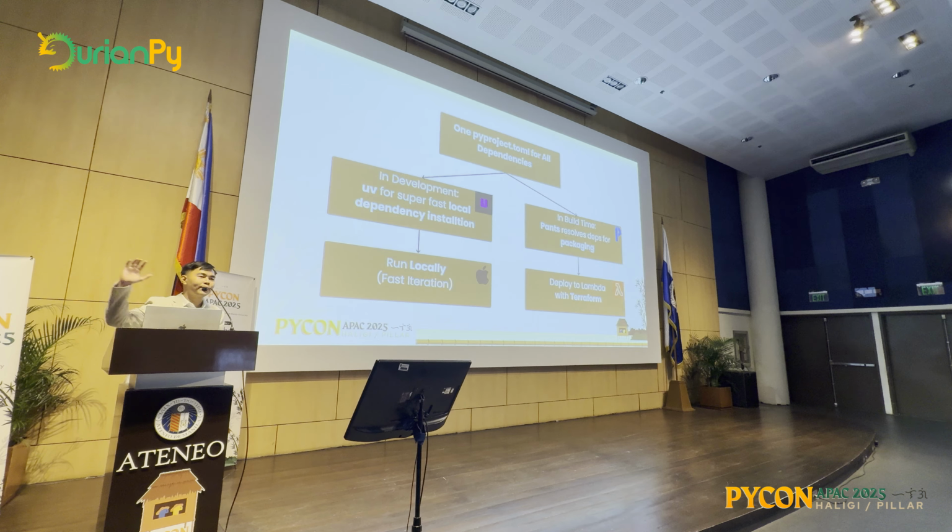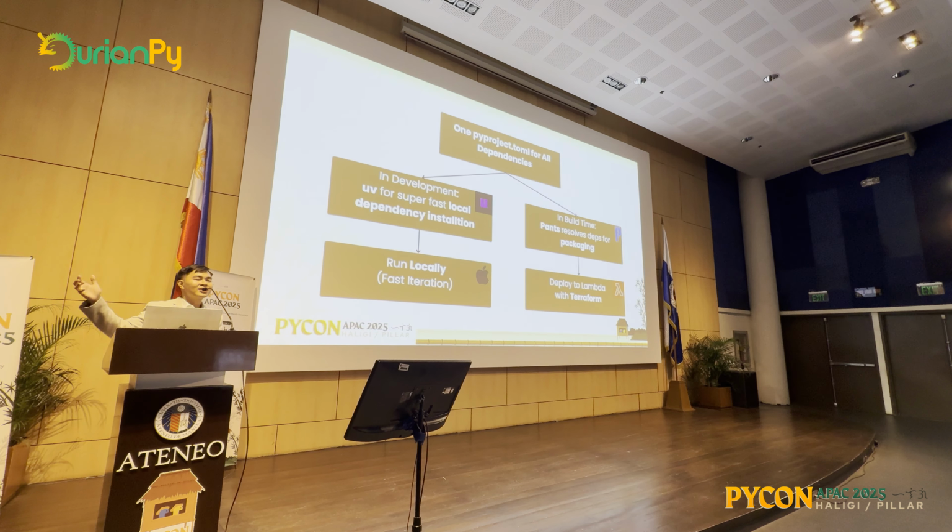So that's the whole workflow of this entire stack. We defined one requirements file for our entire project. We will install that locally for our local tests and local builds with UV, with blazingly fast speeds. And we can use that to iterate our whole application locally.